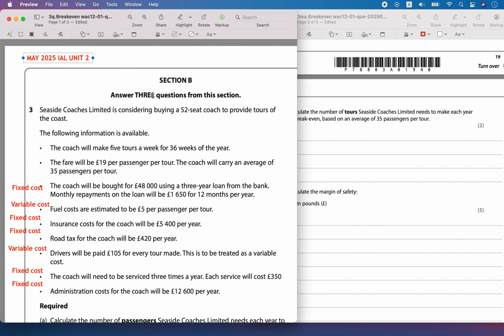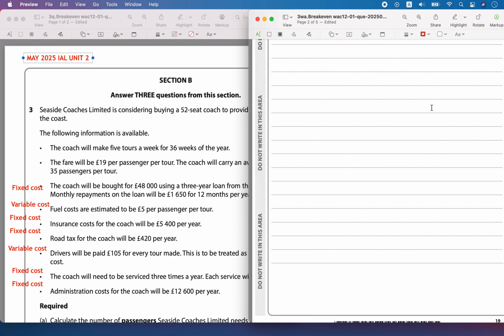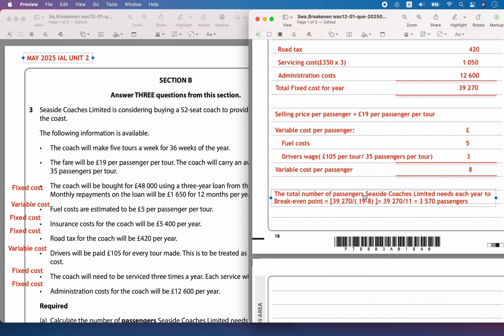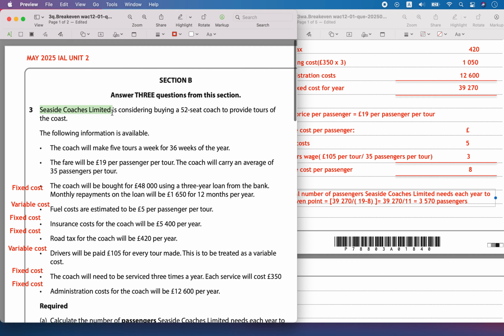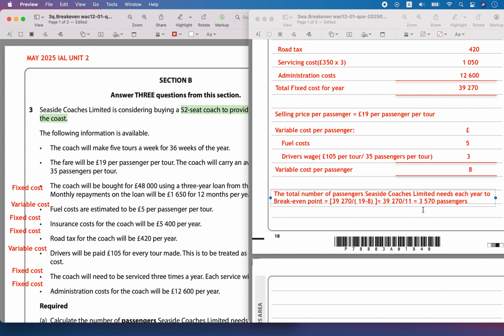In part A of the question, we calculated the break-even number of passengers Seaside Coach Limited has to carry in order to break even. They are a tour operator using a coach to provide tours to the coast.